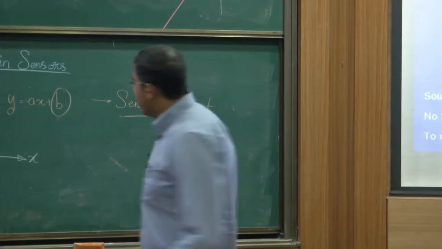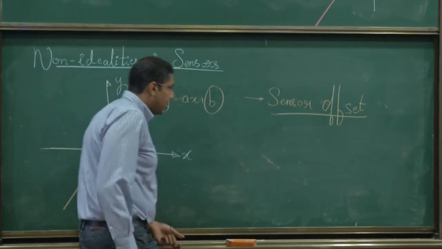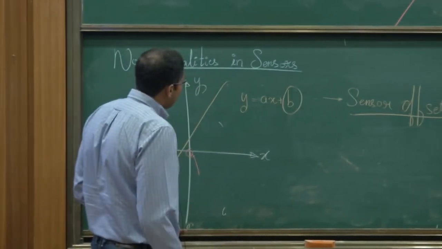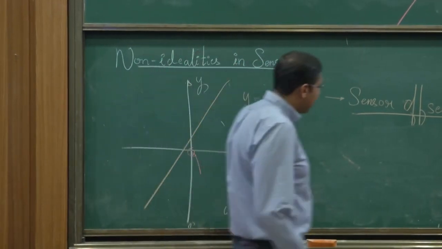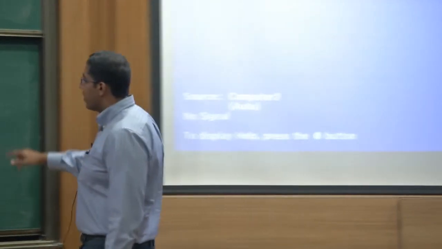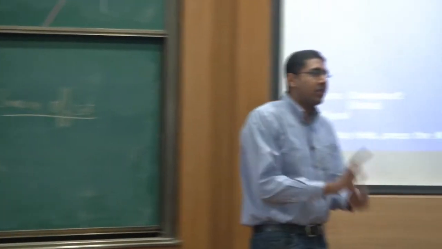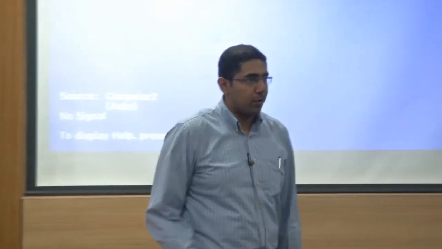The second extension to this is the following. Let's go with that and see something else later. This is the offset that changes with time. So one is there is a fixed output without any input.